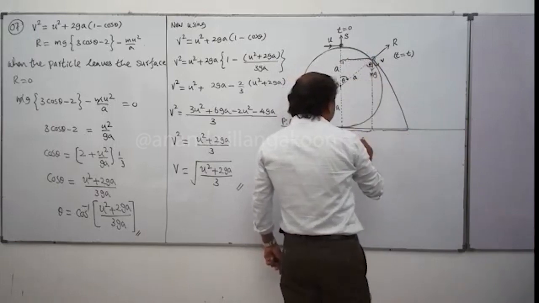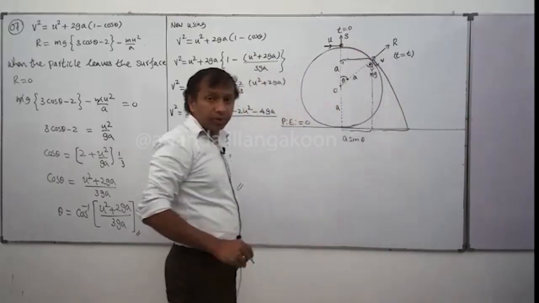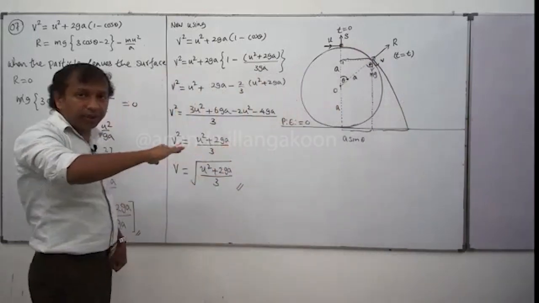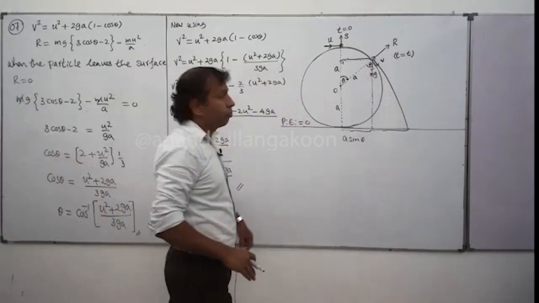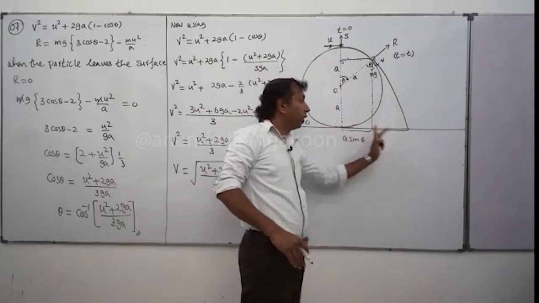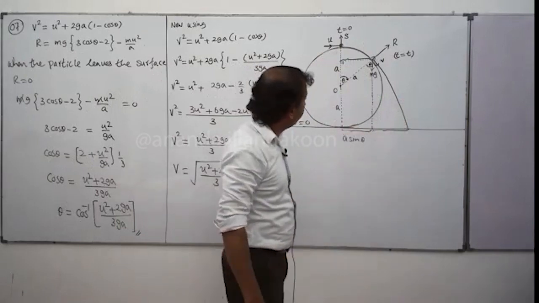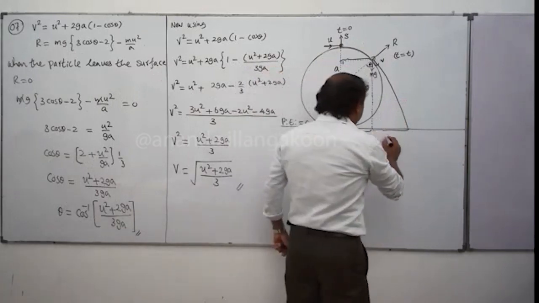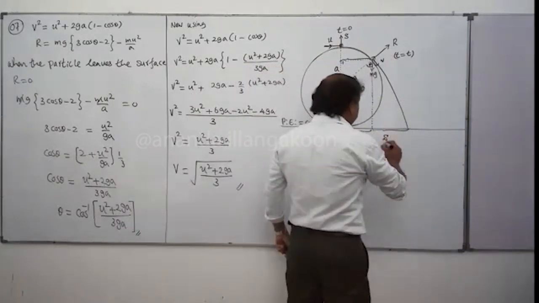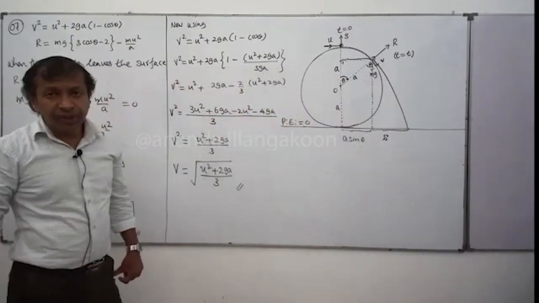Horizontal displacement means initially it was here, finally here, when it falls on the plane. The particle has moved to the right by this length plus this length. This is a sin theta, and we need to find this. Suppose this is S. This S can be found by applying equations of motion.